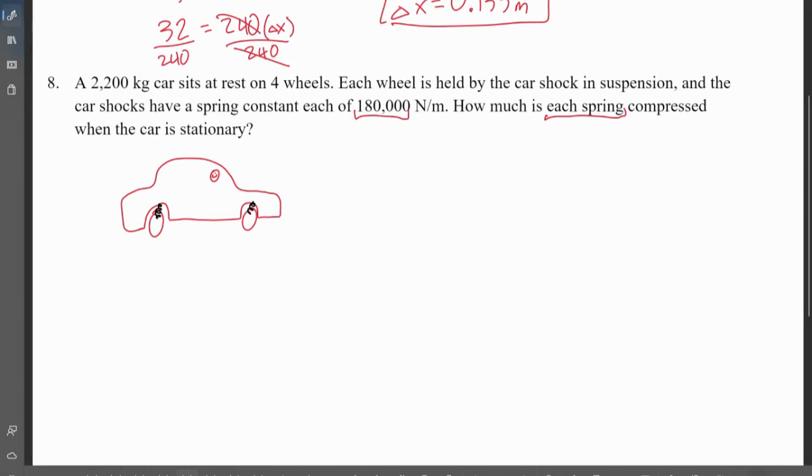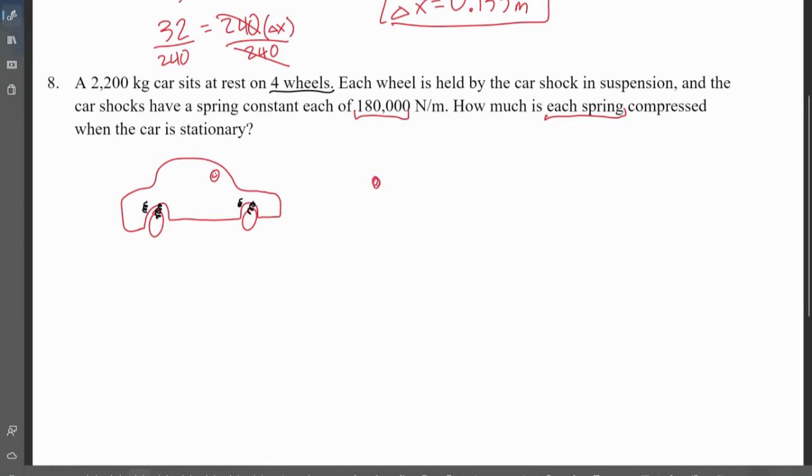If you look underneath your car, you'll notice that each wheel is set up to a shock or this big spring. These are the ones that I've drawn for the wheels on the other side that we can't see. So it says that it rests on 4 wheels, which means there's 4 springs. Okay, so 4 wheels, 4 springs.